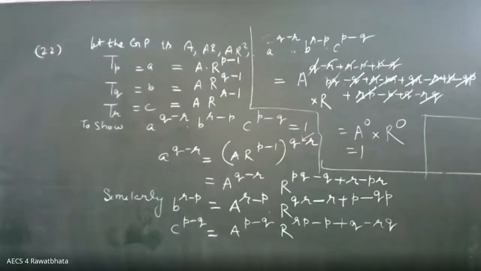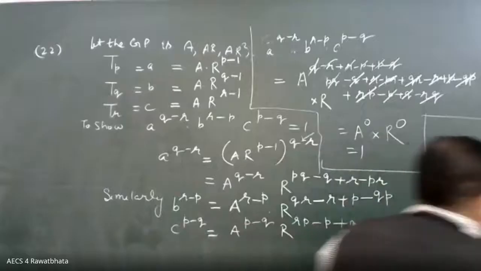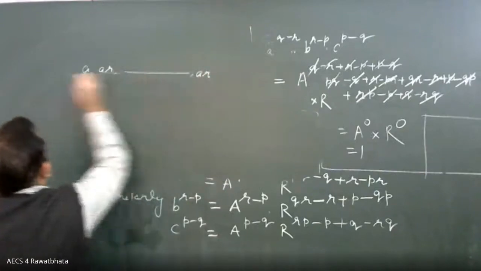23rd question, please, Harsh. If the first and the nth term of a GP are A and B respectively, and if P is the product of n terms, prove that P square equals AB to the power n. Harsh, can you repeat the question once more?